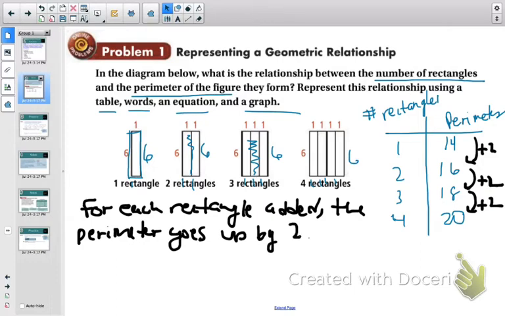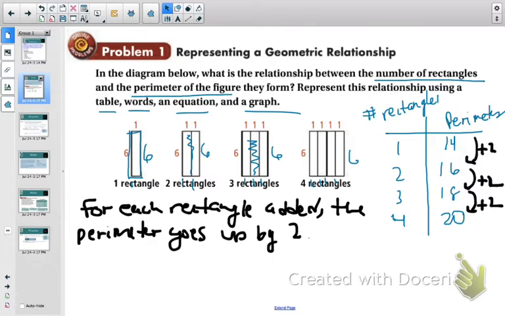Okay, an equation. So now coming up with an equation here, you have to think about what we are starting with, and then what our change is. So when we have one rectangle, we're at 14, and then we're adding 2 each time. So this is actually what we call a linear equation because it's a constant change. With each additional rectangle, you're adding to the width. So we're going to start with just the height, because the height always stays the same, and that's going to be the 6 here.